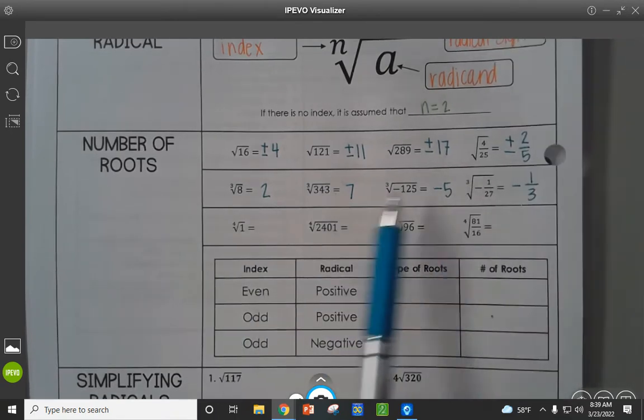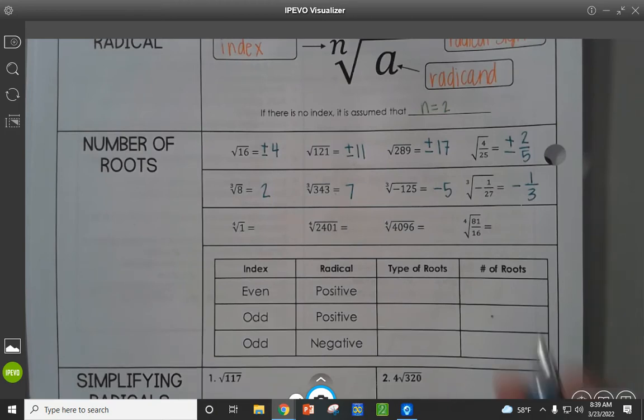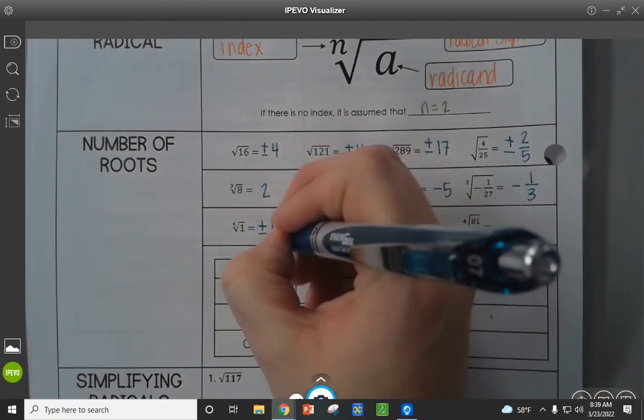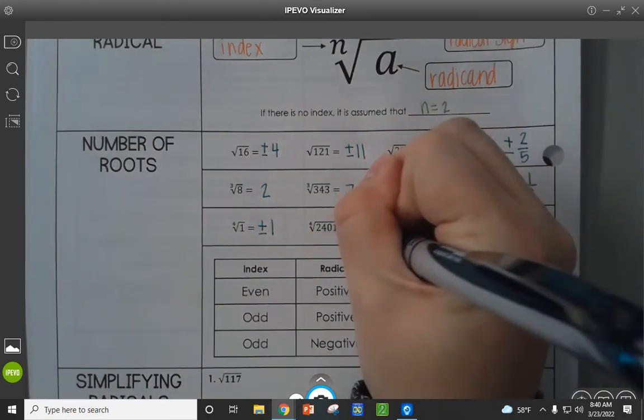When we get back to fourths, then it's plus or minus again. So the fourth root of 1 is plus or minus 1. What about 2,401? Plus or minus 7?